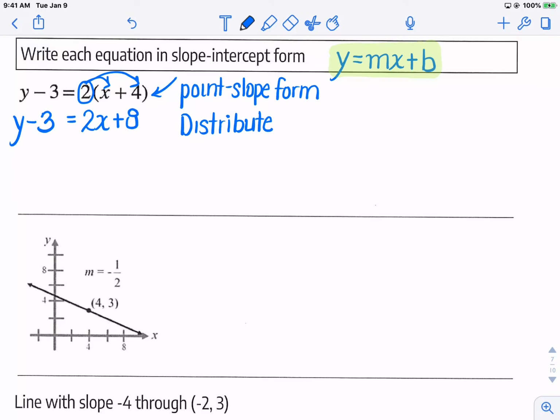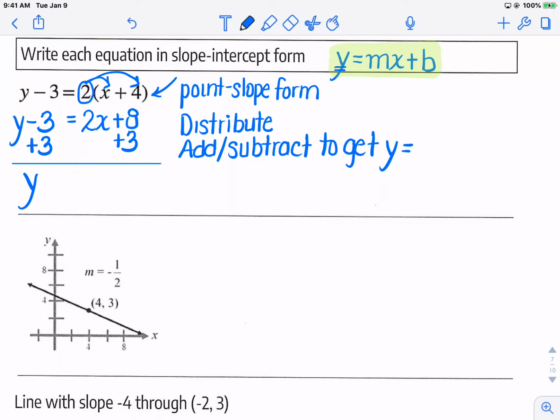It's getting closer to that y equals mx plus b equation, but in y equals mx plus b, the y is alone. So I need to add 3 on both sides here so that I can get the y alone. So I'm going to leave a step behind. We may need to add or subtract to get the y alone.